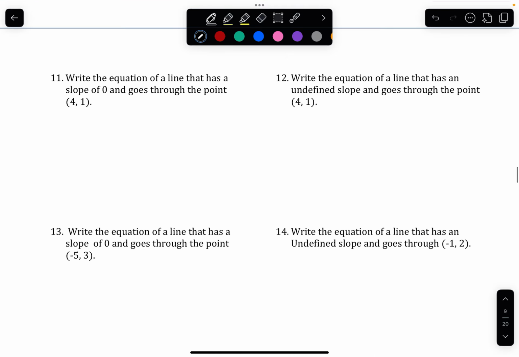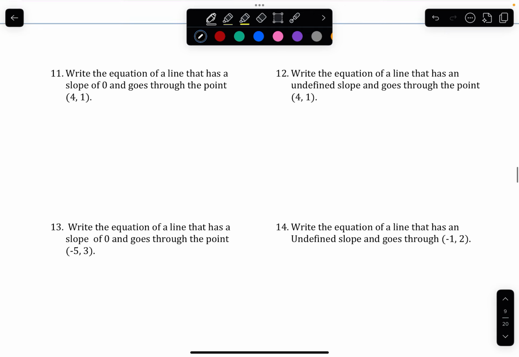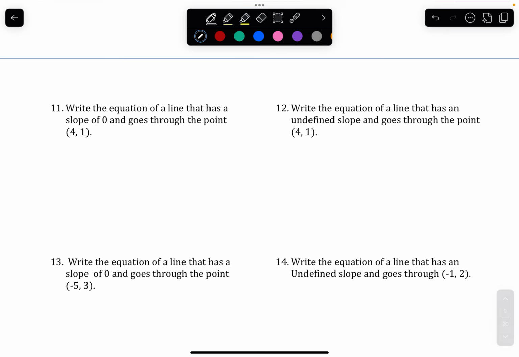Okay, so these next 4 examples, the last 4, we are talking about horizontal and vertical lines. And so remember, a horizontal line has a slope of 0.